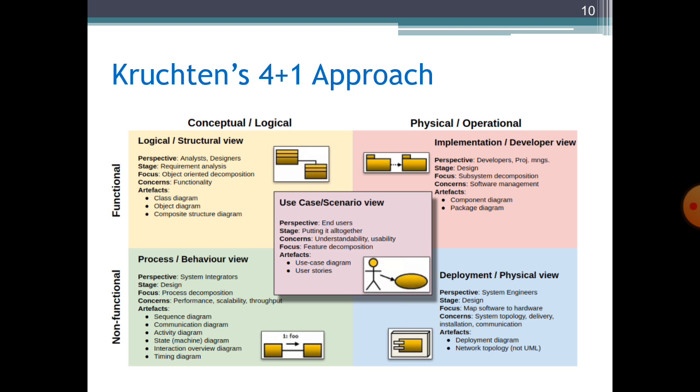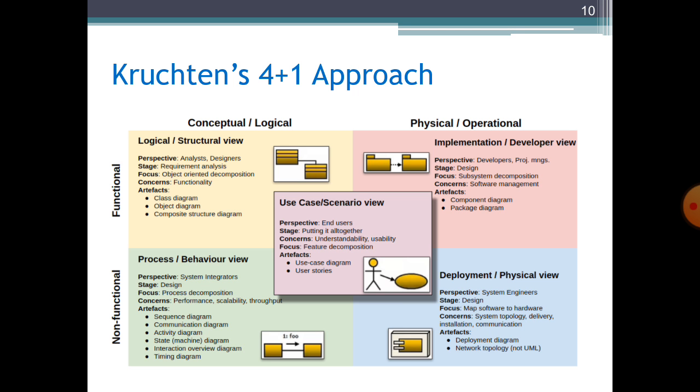This 4 plus 1 view model was originally introduced by Philippe Kruchten in 1995, which provides four essential views with one additional view, which we call the fifth view, or user interface view. Basically, this 4 plus 1 view is an architecture verification technique for studying and documenting any software architecture design.